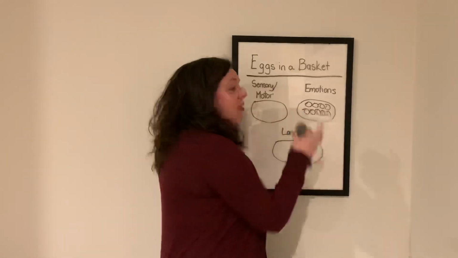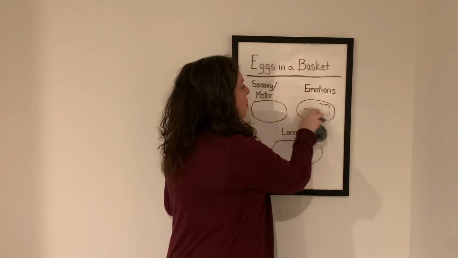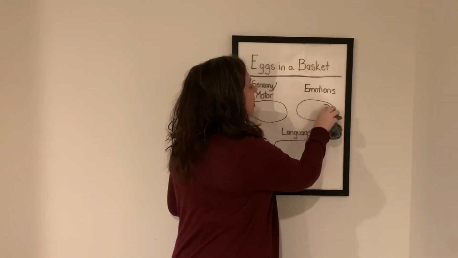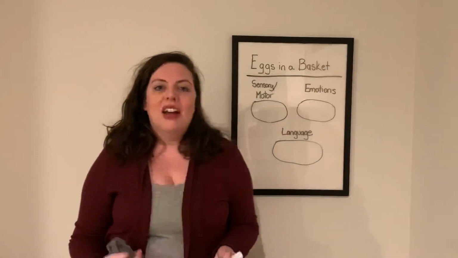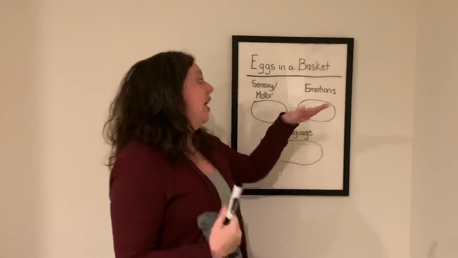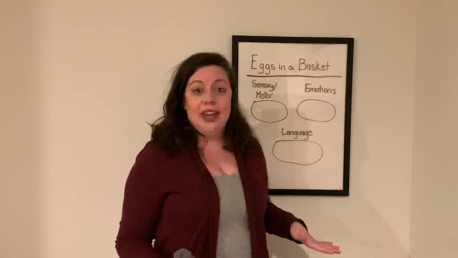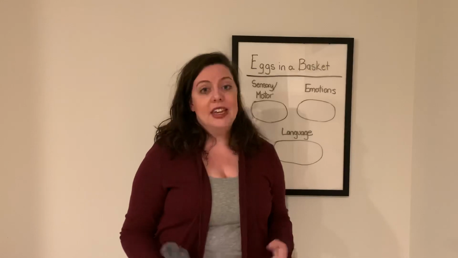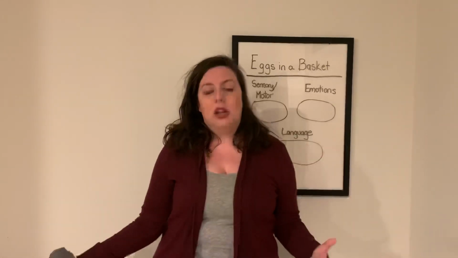So how that applies to our kids on the spectrum is, if you think about this, our friends, our babies, our kids on the spectrum have very sensitive emotional systems. They get upset very easily. For some kids, this might be a door opens and they don't want it to.